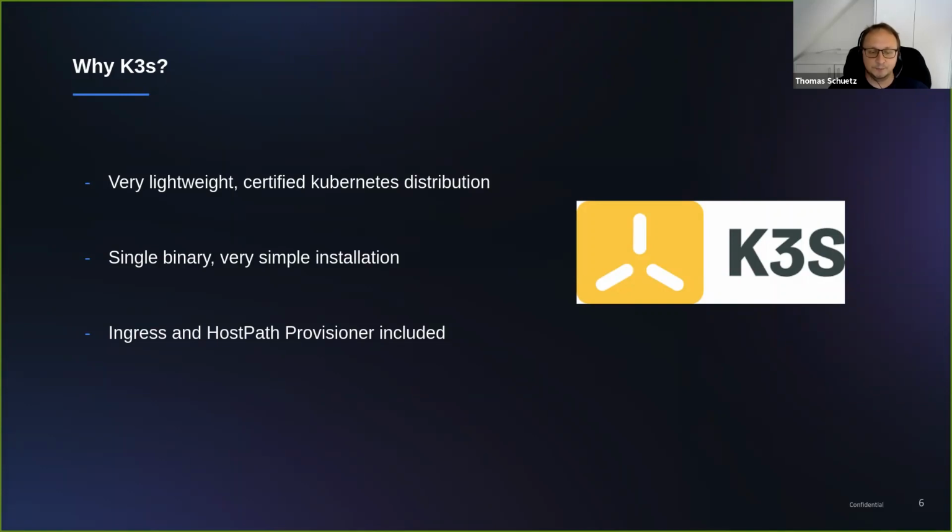Additionally, it has a very small footprint, and in my opinion, it has many things integrated, such as an ingress, a local path provisioner, and, for instance, a Helm controller, which would allow you to install Helm charts per manifest, which we don't use currently, but it's a fun thing in my opinion.